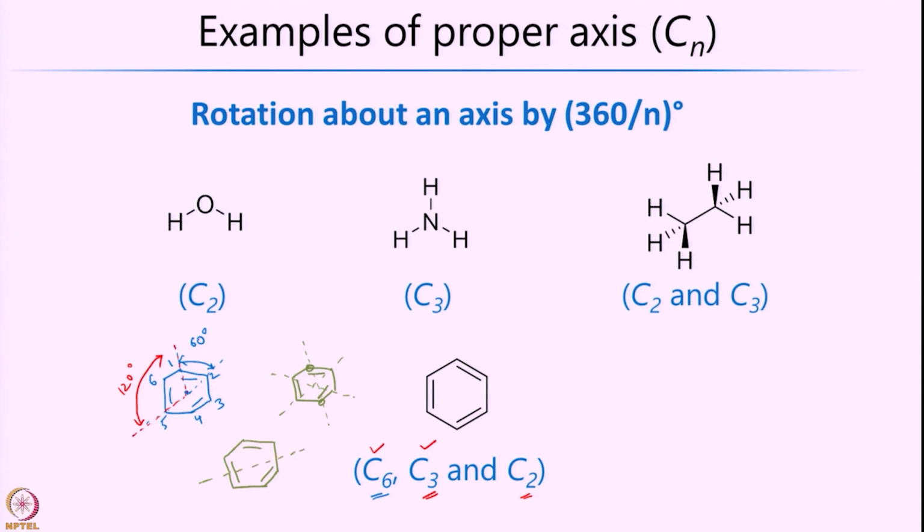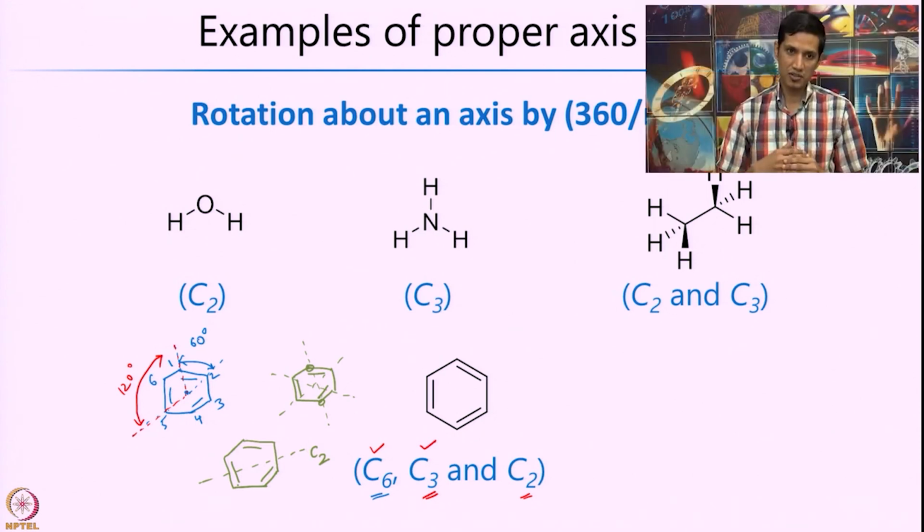So, I am not going through atoms, but through bonds, and this would also give me one C2 axis. Similarly, I can have 2 more C2 axes. So, what this tells you is that symmetry elements or symmetry operations can go not just through bonds, but also through atoms as well as through the bonds.